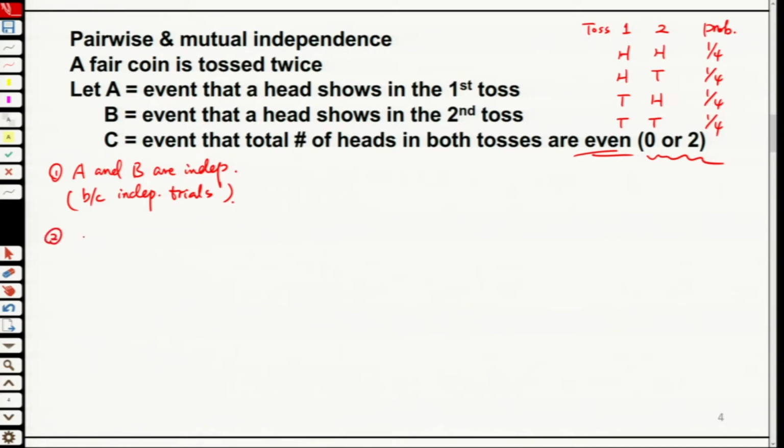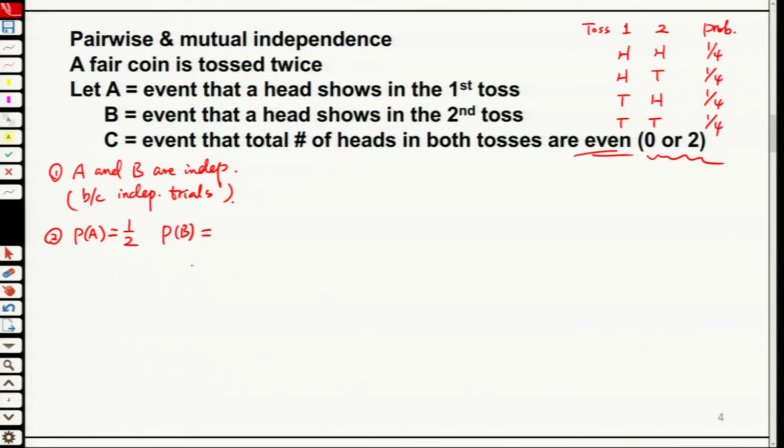Now second, let's calculate the probability of A. What's the probability of A? A is a head showing up in the first toss. 1 over 2, yes. And what's the probability of B? The head shows in the second toss. Now we only talk about the second toss.